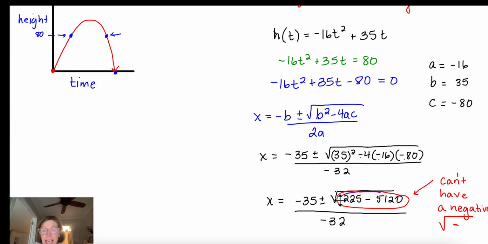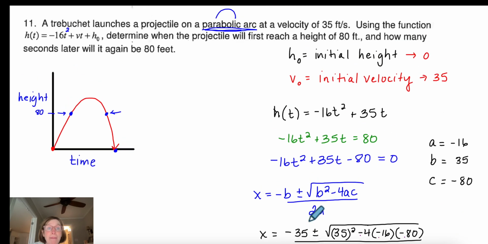So the fact that this gives me a negative number means that there is no solution. And that means that this trebuchet is never going to get to a height of 80 feet. And that would be your answer. It can't reach 80 feet.